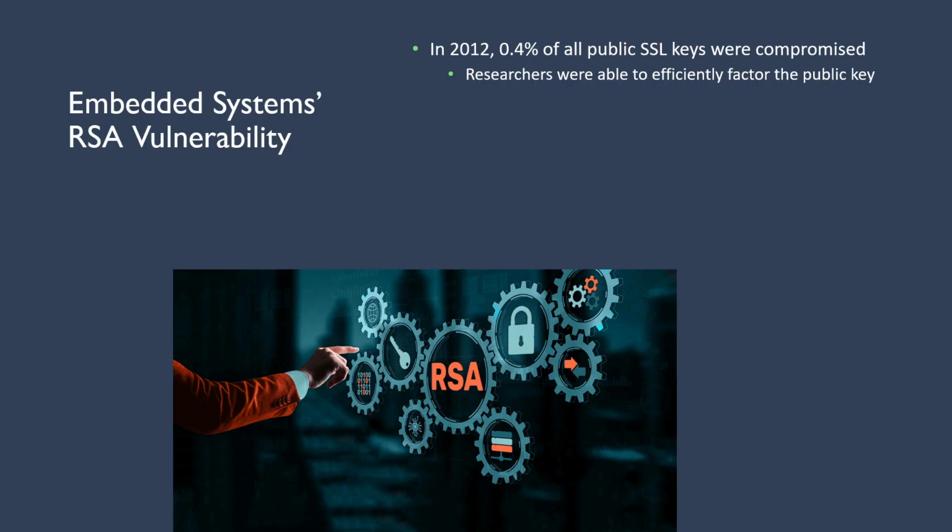Essentially, these researchers were looking at all of these RSA public keys, and they wanted to try and factor them with two of the same prime number. Now, this should be incredibly unlikely. It should be a lot less than 0.4%. It should be way, way down, because these primes are supposed to be thousands of digits long. If they're the same, then that should be a statistical anomaly.